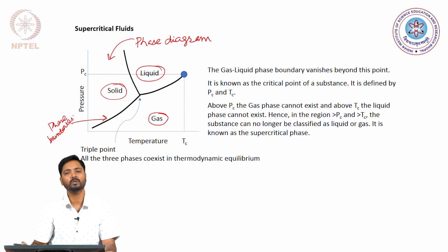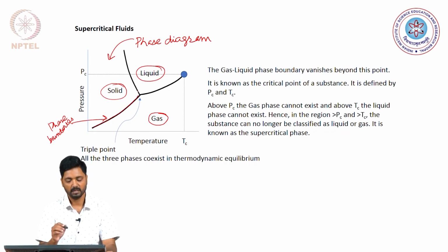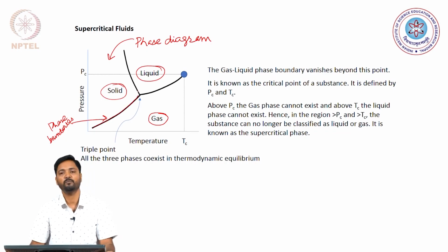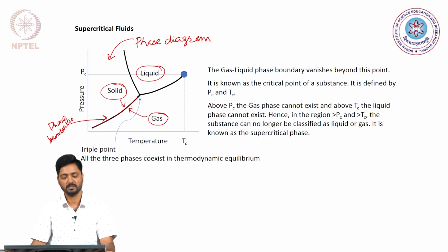where both phases do coexist. So, for example, this line here indicates the regime of pressures and temperatures at which the solid phase and the gaseous phase coexist.